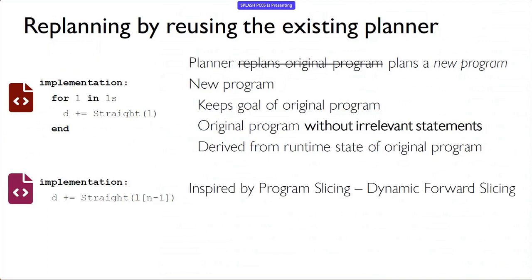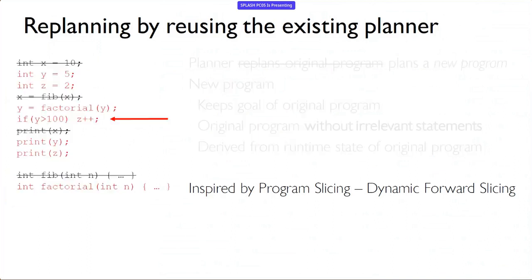To do that, we work with all the statements of the original program. In particular, we remove all the irrelevant statements. For that, it came to our attention that we can use the program slicing technique, in particular dynamic forward slicing.